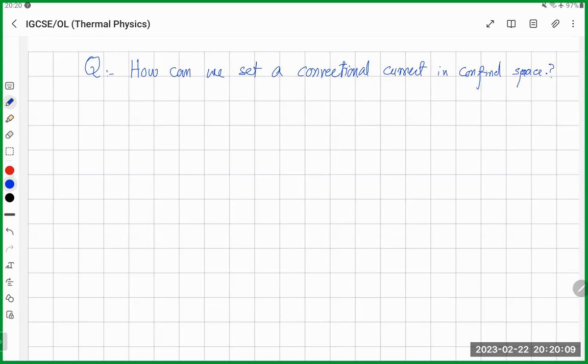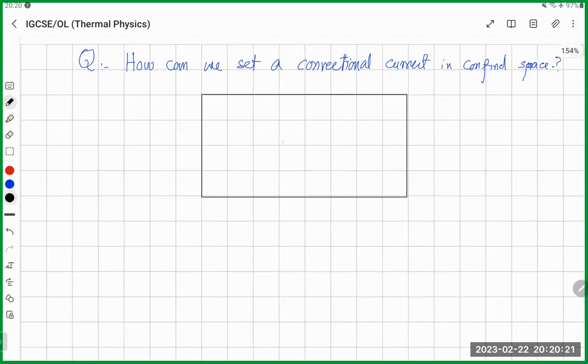Okay, if this is a container, and it has a fluid in it, fluid can be liquid or gas.